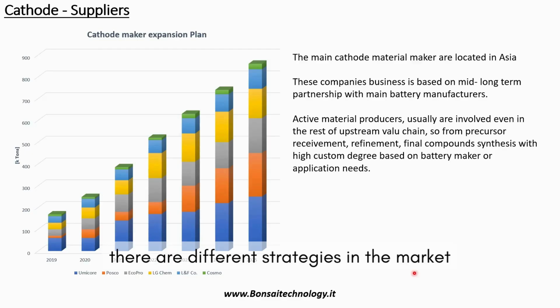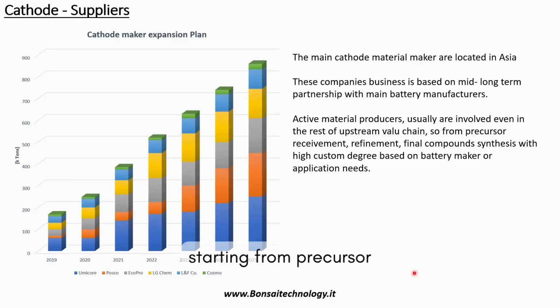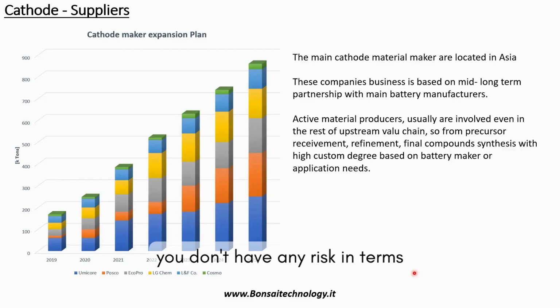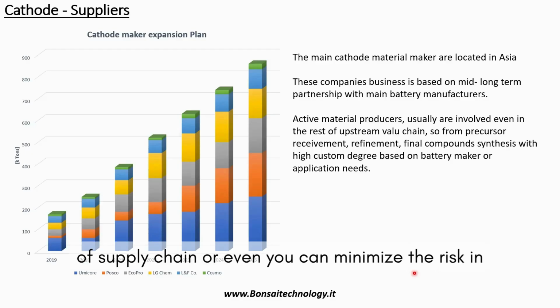And there are different strategies in the market, we can say. There are companies that are producing the active material internally, starting from precursor. But there are even battery makers that prefer to buy the active material from other companies. So the difference is huge, because if you have an integrated manufacturing system, even for raw material, you can control the quality better.